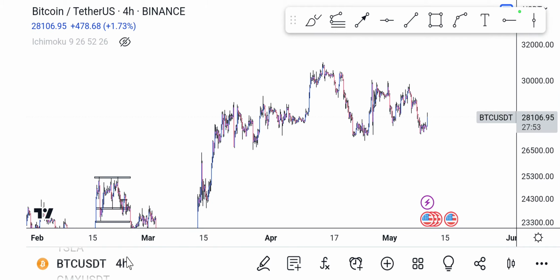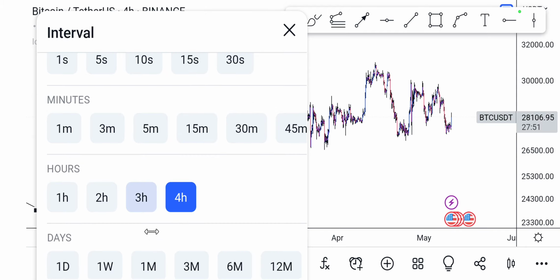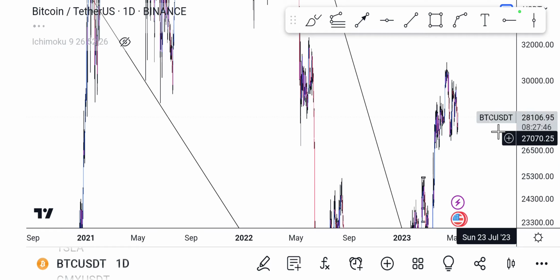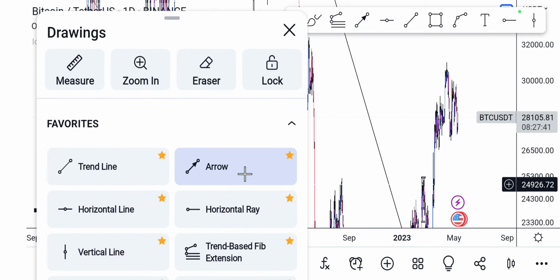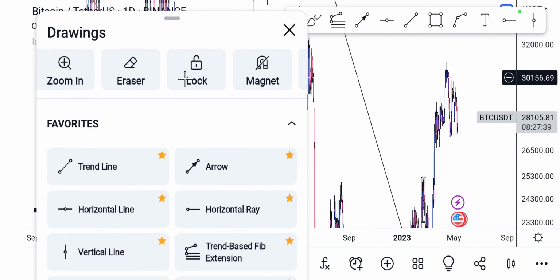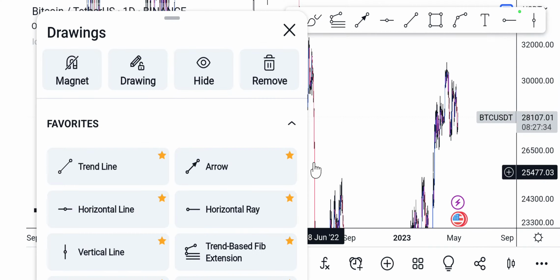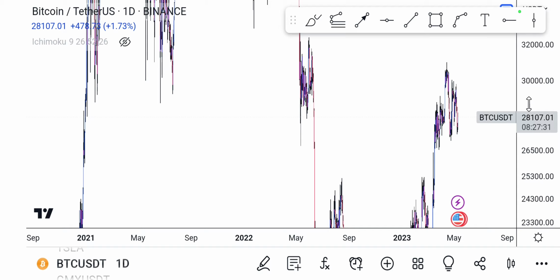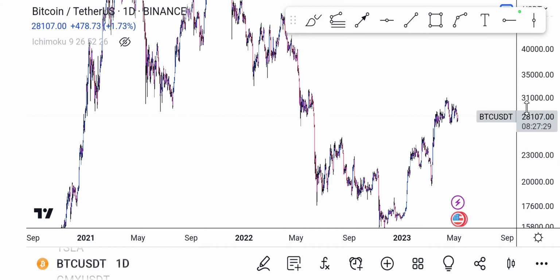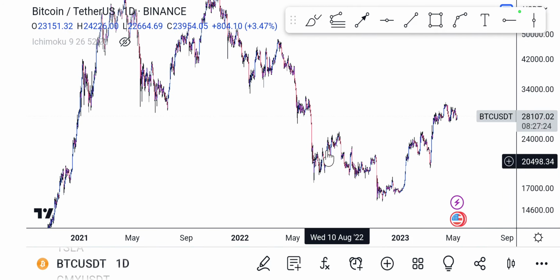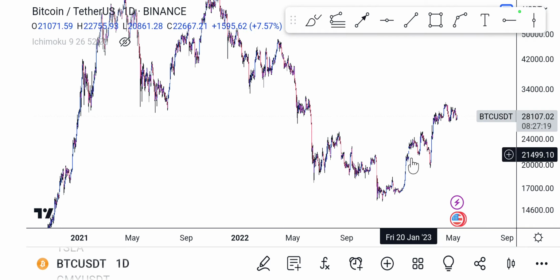Yeah, so let's start from higher time frame. I want to point out something that has been building up here, which I saw earlier today, and I said let me show you guys what is really happening. So let me remove all the drawings here. As you can see, we had this inverted head and shoulder, left shoulder, the head and the right shoulder.